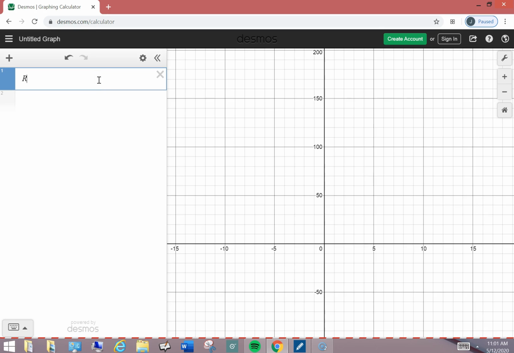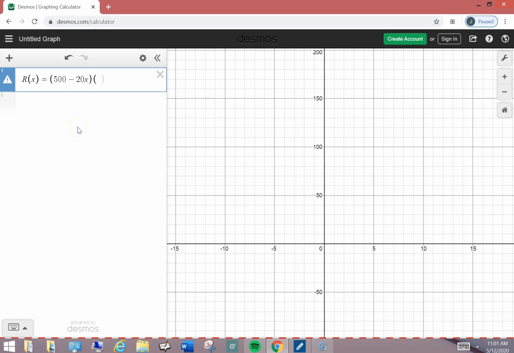Our equation wasn't y equals, it was R of x equals. Again, you could use R of x equals 500 minus 20x, and then times. You don't have to put a times symbol, but you can.